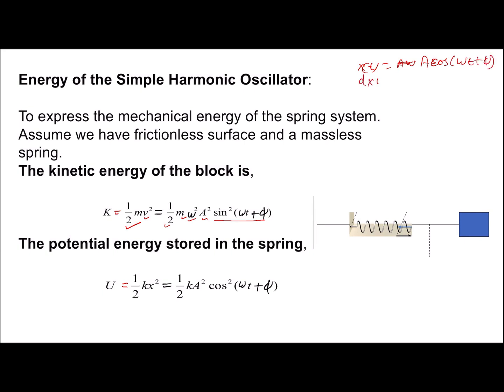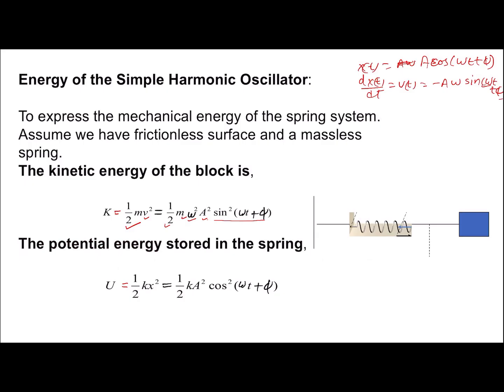If you take the first derivative of this, that gives the velocity, which becomes minus a omega sine of omega t plus phi. Here omega is the angular frequency, t is the time, and phi is the phase constant. We discussed this in the previous class.